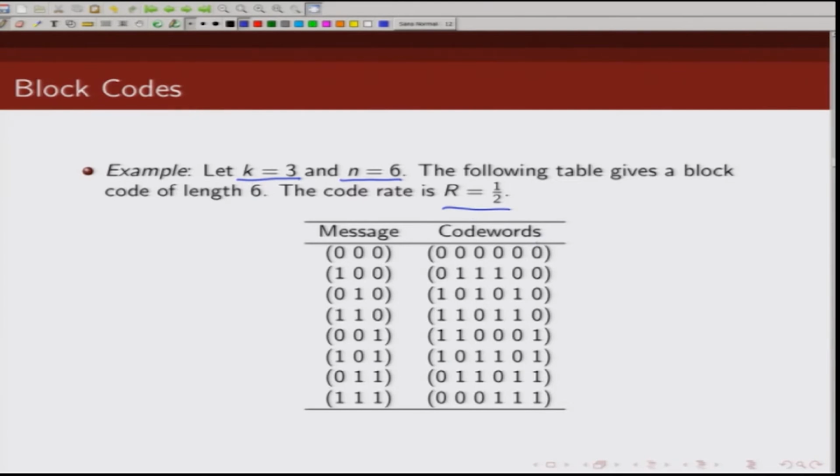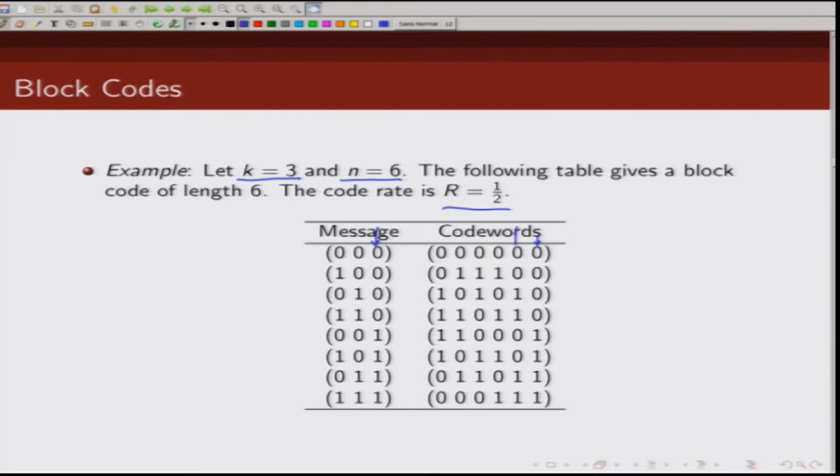Let us look at this column first, which is 0 0 0 0 1 1 1 1. How did we map to get this column? If you look at the information bits, this column is nothing but the same as this information bit. You can see 0 0 0 0 1 1 1 1.